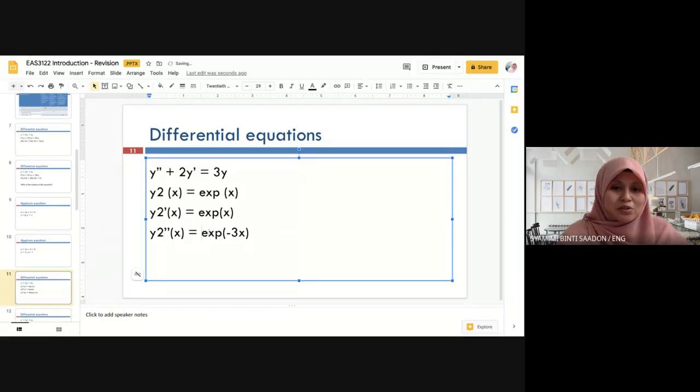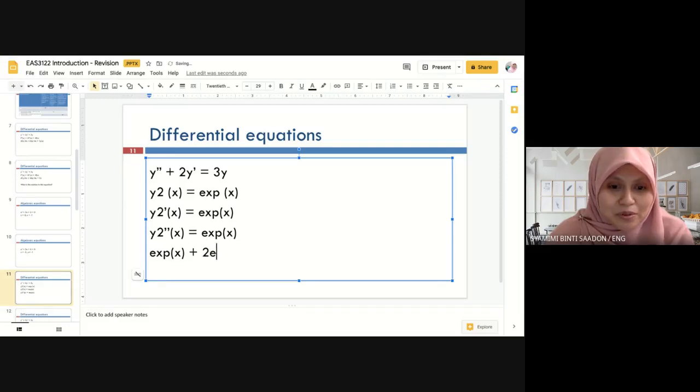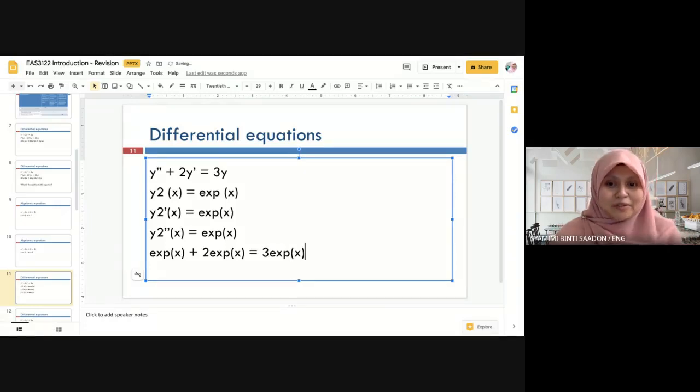So if we try, we see here exponential x plus 2 exponential x gives 3 exponential x. One plus two is three. Okay, there is more to come.